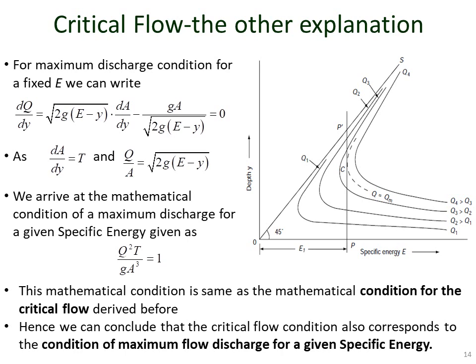Now again, dA/dy equals the top width T, and Q/A equals root under 2g(E minus y), and the last condition is derived from the expression given on the last slide. Using these expressions, we can again arrive at the same expression as we derived for the critical conditions, that is Q square into T by g into A cube equals 1.